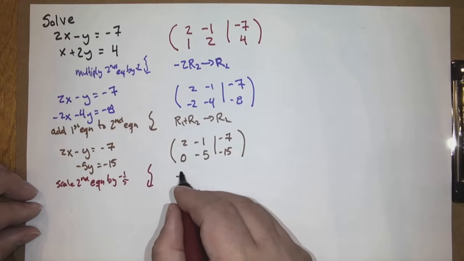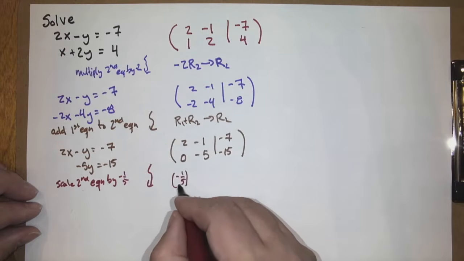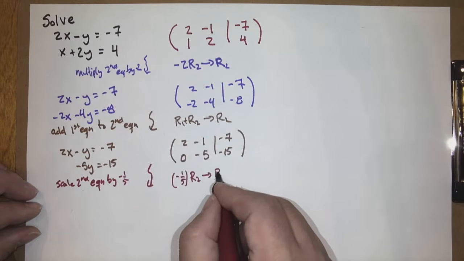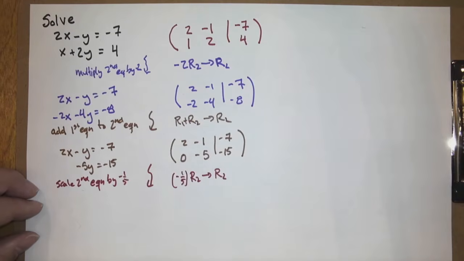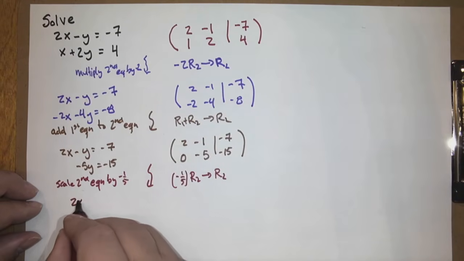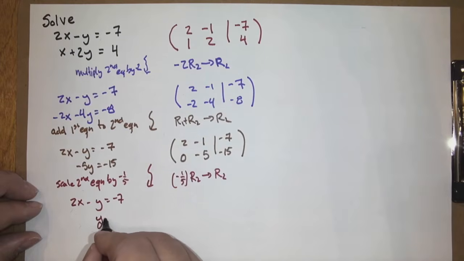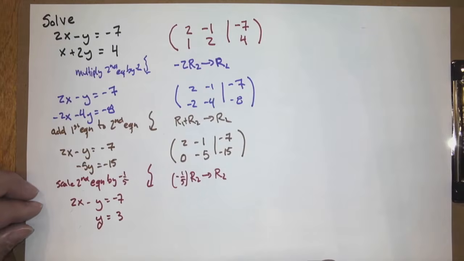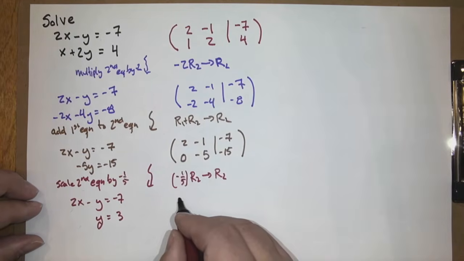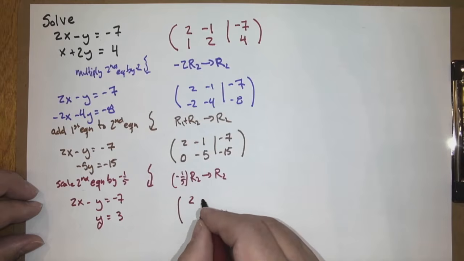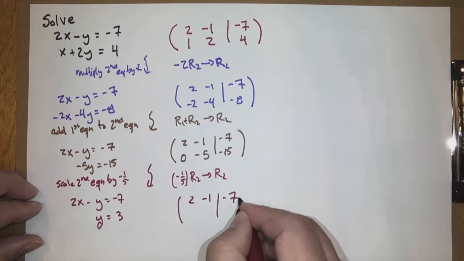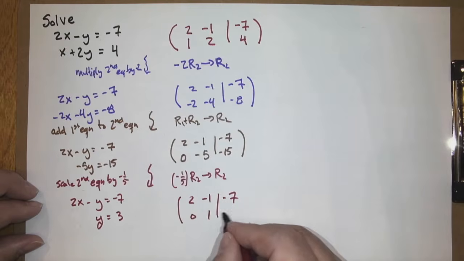So we're going to take -1/5 times row 2. That's going to become our new row 2. So we have 2x minus y equals -7, y equals 3. Scaling by -1/5 is the same as dividing by -5. So we have 2, -1, -7, 0, 1, 3.